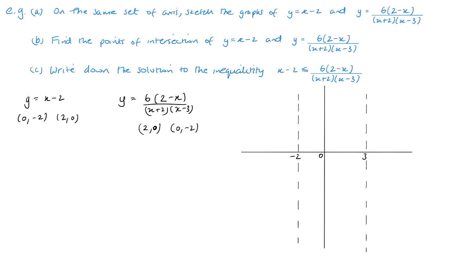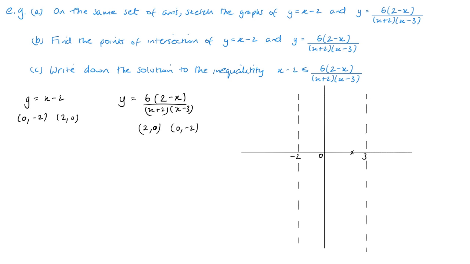So what we need to do is look at what's happening after 3, what's happening below minus 2, and what's happening between minus 2 and 3. We know it's going to cross at 2, 0. So if I mark that on there, 2, 0, and we know it's going to cross at 0, minus 2.